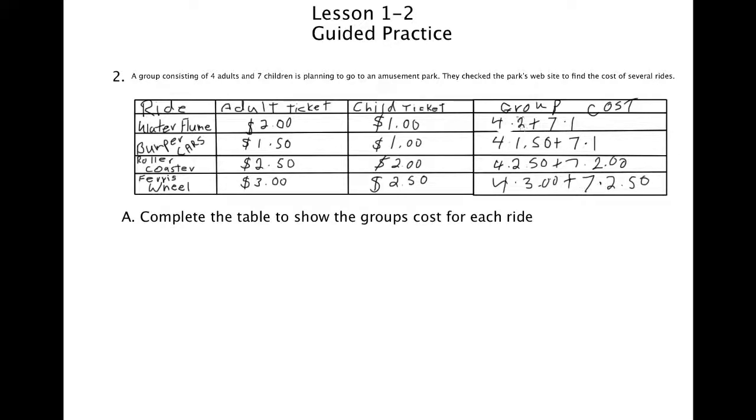And with this, we could figure out what each activity's cost is. So let's take a look at it. So for B, what is the cost of each activity?